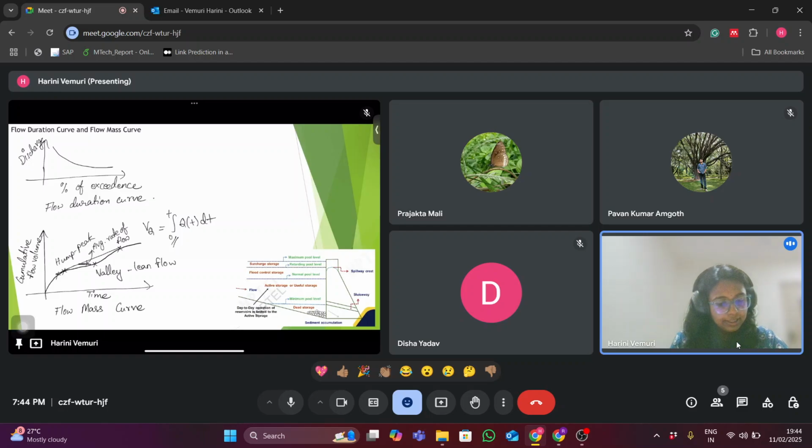Okay, and here in this figure we can see that in a dam we have a dead storage, which generally won't be carried on to the downstream, and we have an active or useful storage, which we will be using for water supply and other uses like irrigation. We will also have some more storage capacity, that is flood control storage.